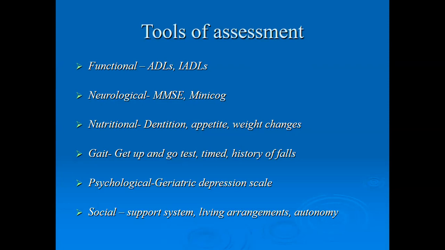For example, there is the functional component: is the patient functional or not? Functional or not means the patient is dependent or independent. You can assess this by two things, called ADLs and IADLs.